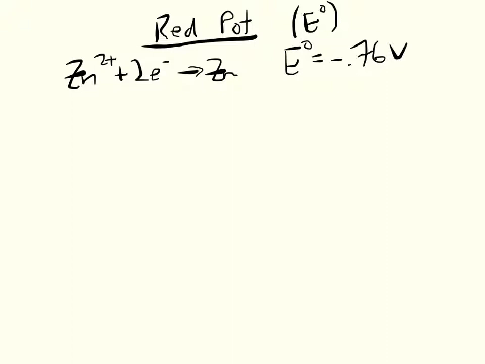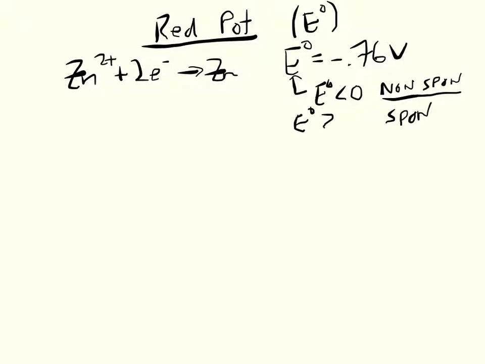Since this is a negative value, E0 is less than 0, this is non-spontaneous. Zinc 2+ will not just get reduced by itself. There would have to be a stronger reducing agent in order for this to occur. In order for it to be spontaneous, we need E0 to be greater than 0.